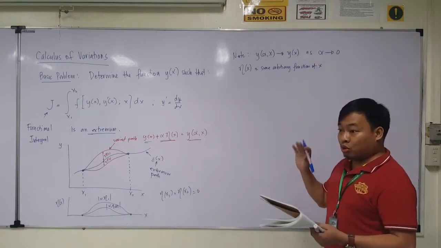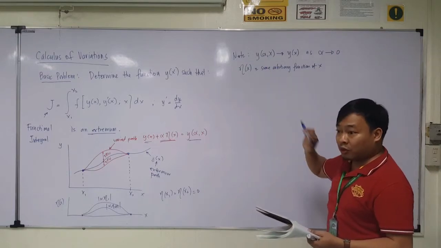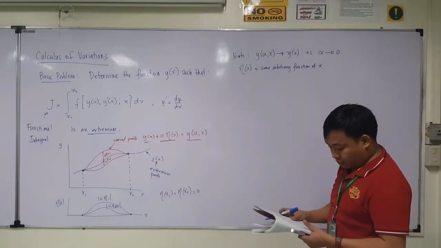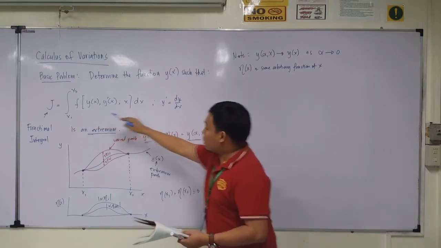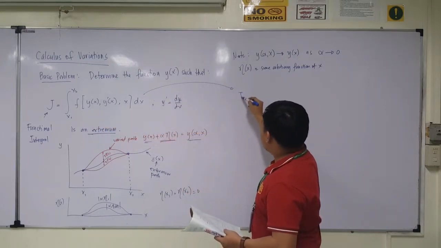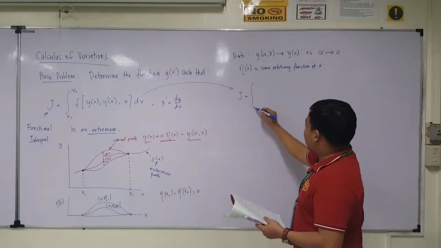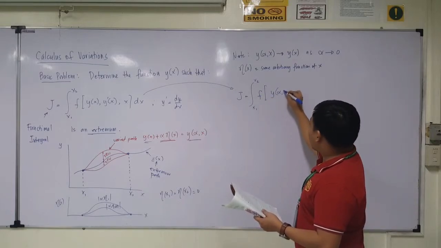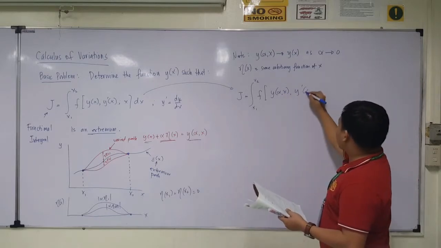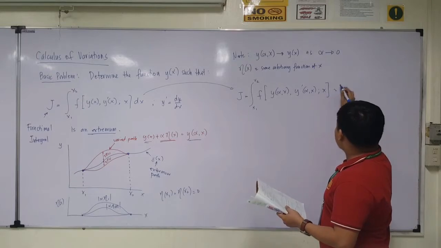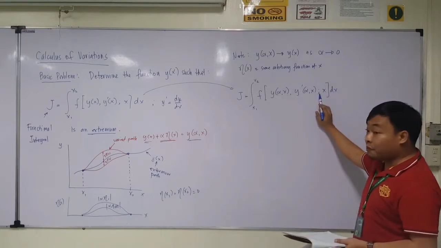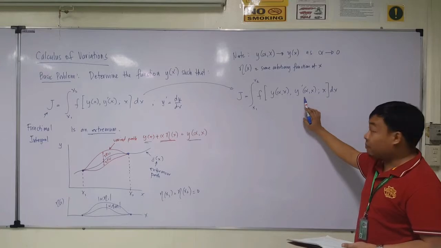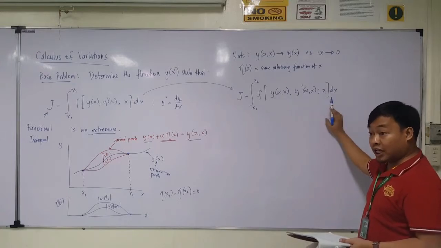We're not going to deal with what this specific function is, but we're going to use this function to get our solution. Therefore, this functional J becomes, from x1 to x2, the integral of the function f of y of alpha and x, y prime of alpha and x, and x, dx. This semicolon notation indicates that x is independent of y and y prime, but y and y prime are dependent on x.